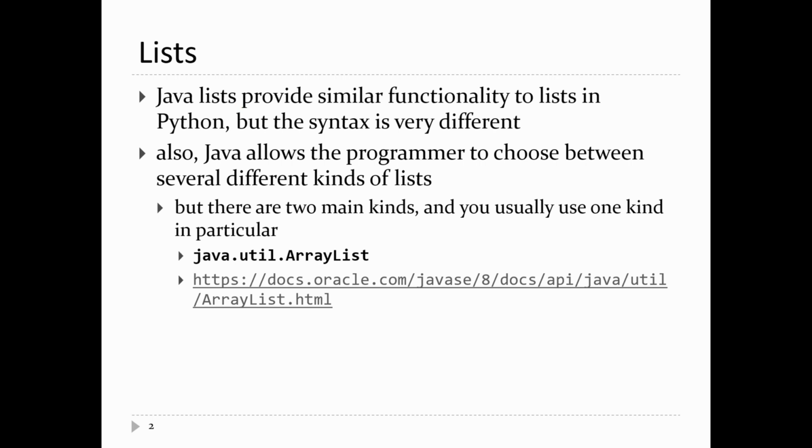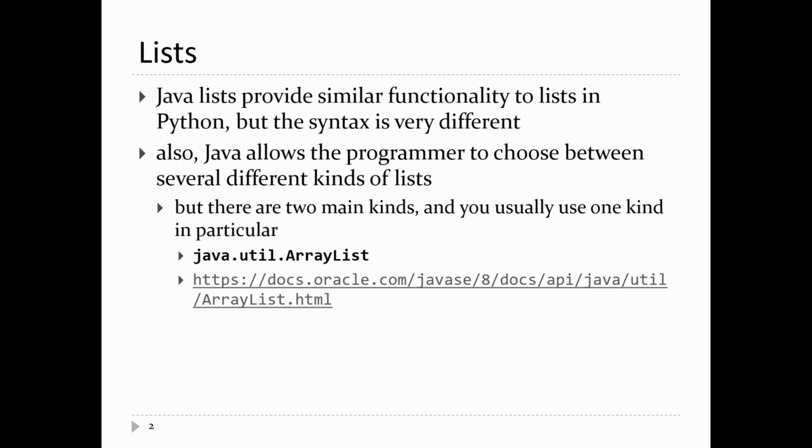So Java lists provide similar functionality to lists in Python. The syntax is very different, and it's going to look completely alien to many of you. There's another main difference in Java compared to Python. Java lets you pick exactly what kind of list you want to use. In Python, you just make a list and away you go. Whatever the Python library gives you for its list implementation, that's what you get.